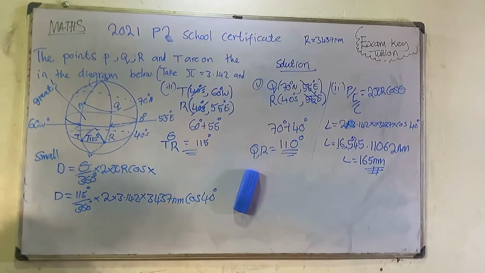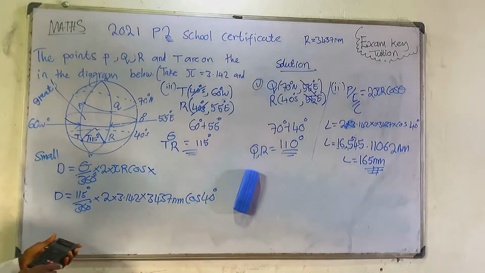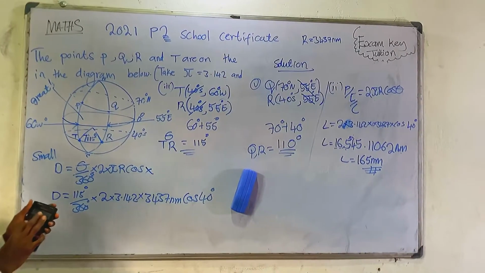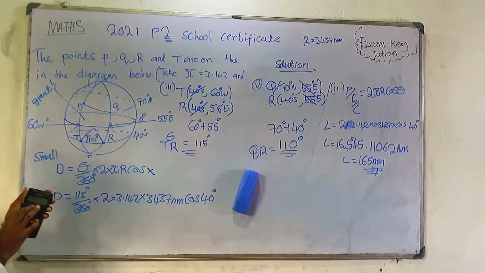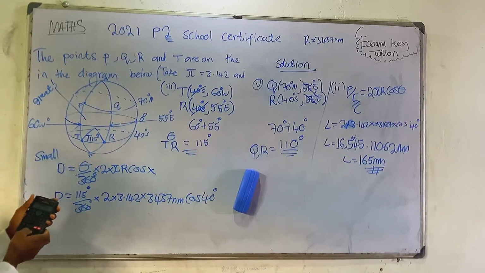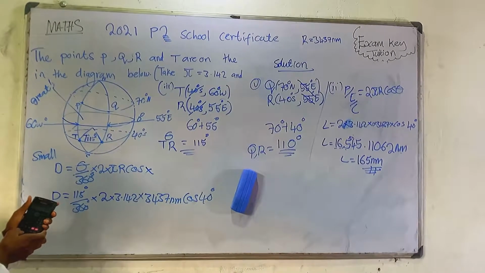So now we can just use a calculator. You can punch it directly if you want. You have 115, then you press the fraction button, then multiplied by 2, multiplied by 3.142.